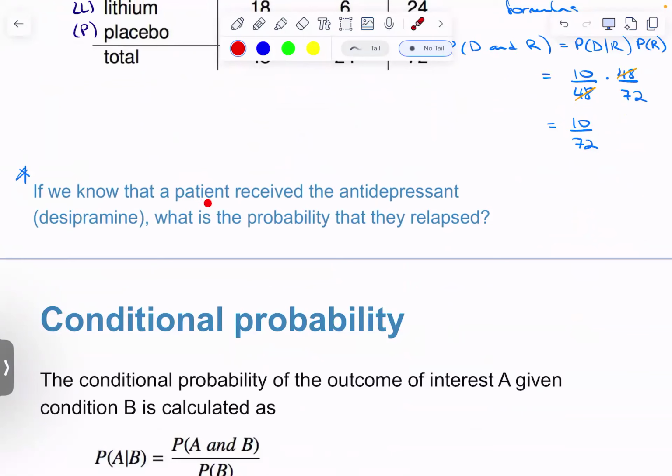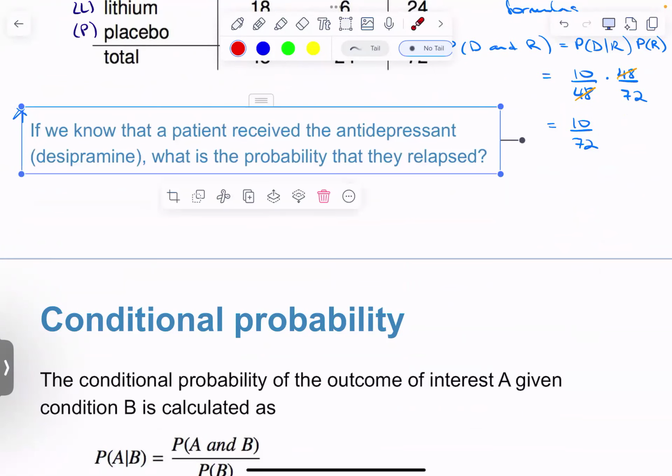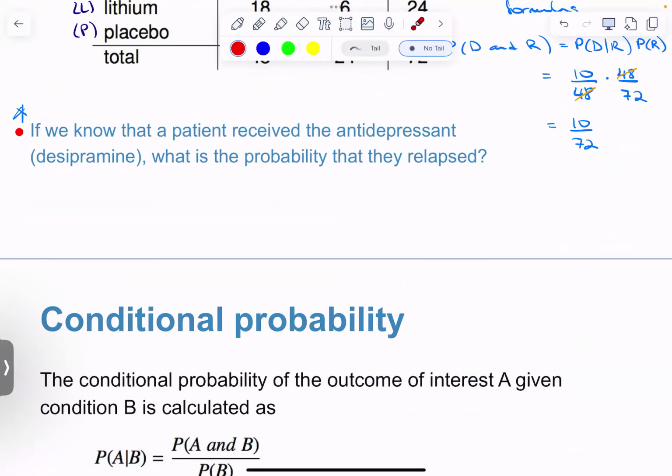If we know that a patient received the antidepressant, what's the probability that they relapse? We already did it, like I said. So let's bump this up here. And I did have to move it from a slide lower down, so that's why I put this little star here.